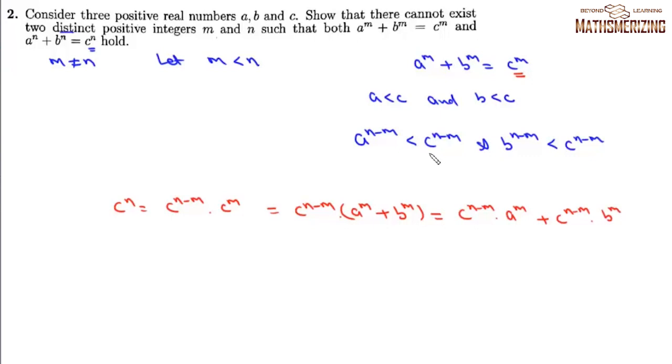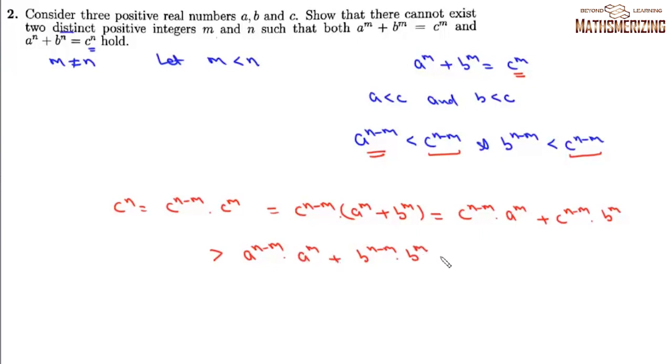Now c to the power n minus m is greater than a to the power n minus m, and in the same way, c to the power n minus m is greater than b to the power n minus m. So we can say that this is greater than a to the power n minus m into a to the power m plus b to the power n minus m into b to the power m.